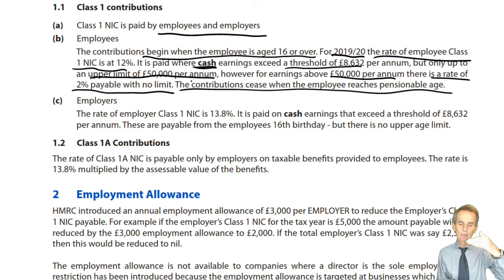But if your employment income went above 50,000, ignoring any other sources of income for purposes of this illustration, then you would become a higher rate taxpayer. If we go above 50,000, take off your personal allowance of 12,500, assuming it's all available, you're going to be left with a taxable income figure in excess of 37,500. So your basic rate band of 20% is replaced by a higher rate of 40%.